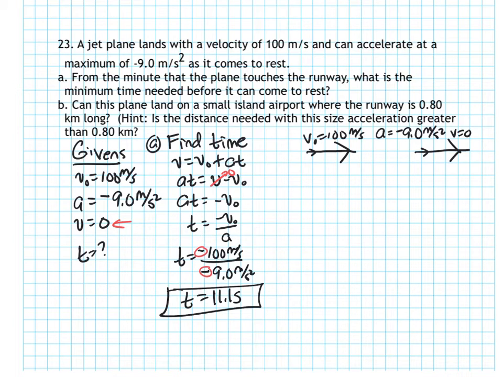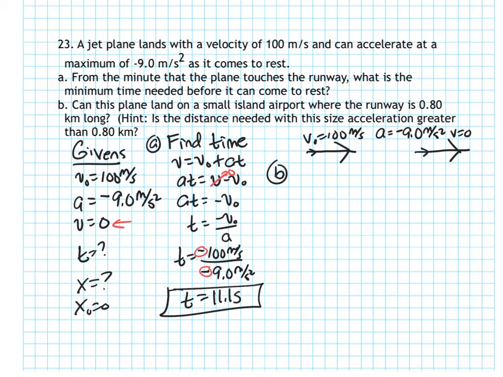And then I'll see if that's more than 0.8 kilometers or less than 0.8 kilometers. So this is B, and this time I'm going to be looking for x. I also know that x naught is equal to 0. So where it touches down will be equal to 0, and then x will just go from there.